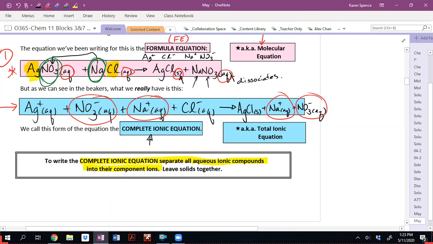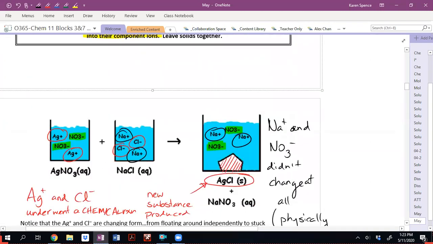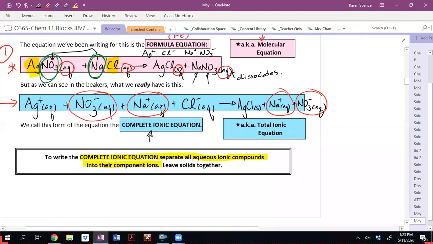So you don't actually have to have your beakers all drawn out showing you that the sodium didn't change and that the nitrate didn't change. You can just have that in the complete ionic reaction. Now, we call these ions that don't actually participate in the reaction, they have a name. What do you call people who go to a baseball game and they watch it from the stands, but they don't participate in the game?